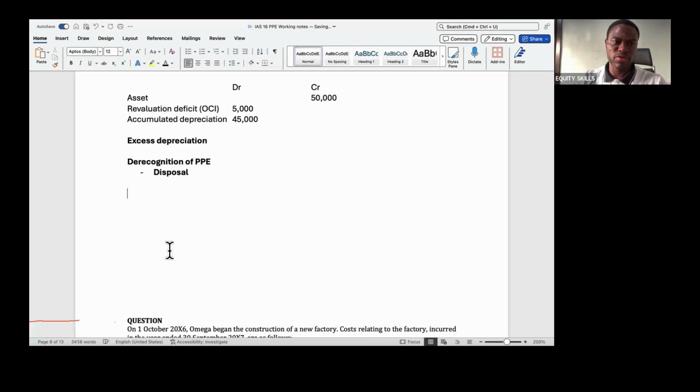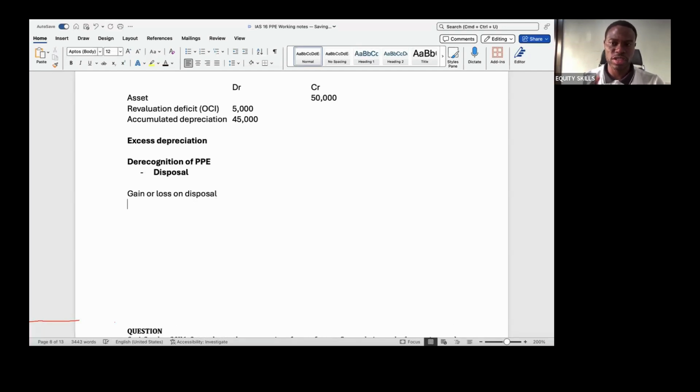So how do you remove an asset from your books in terms of accounting? Basically, when you remove an asset from your books, you are definitely going to record a gain or loss on disposal of that asset in your books. A gain or loss on disposal.